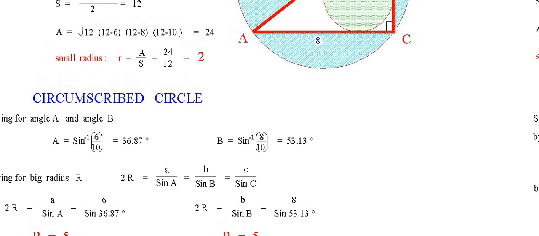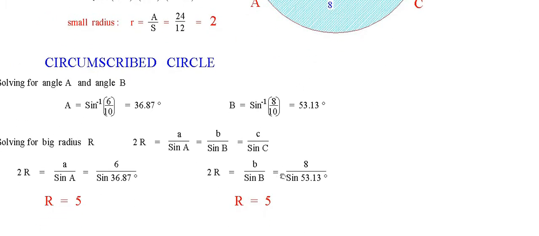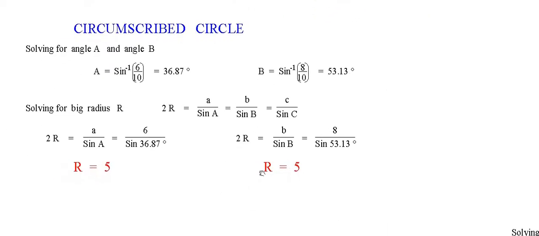Then also for B, it is 8 over sine of 53.13, then also divide this by 2. Then R is also 5. Whichever you use, big R is 5.